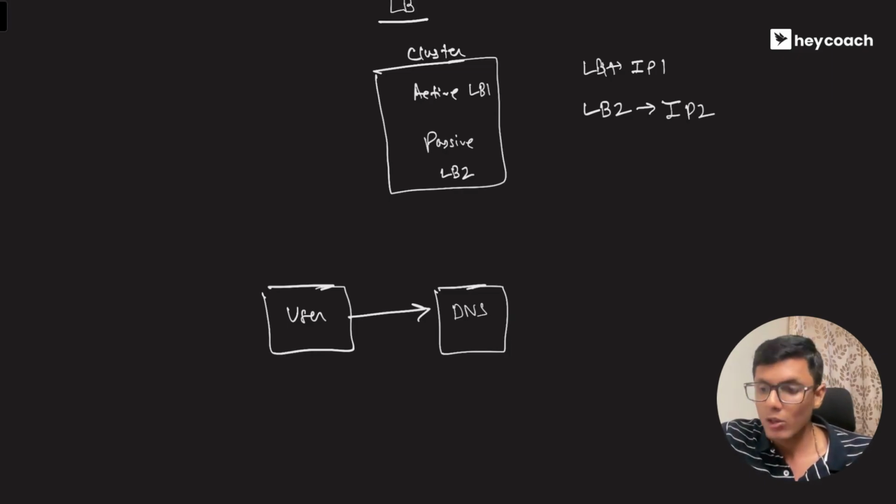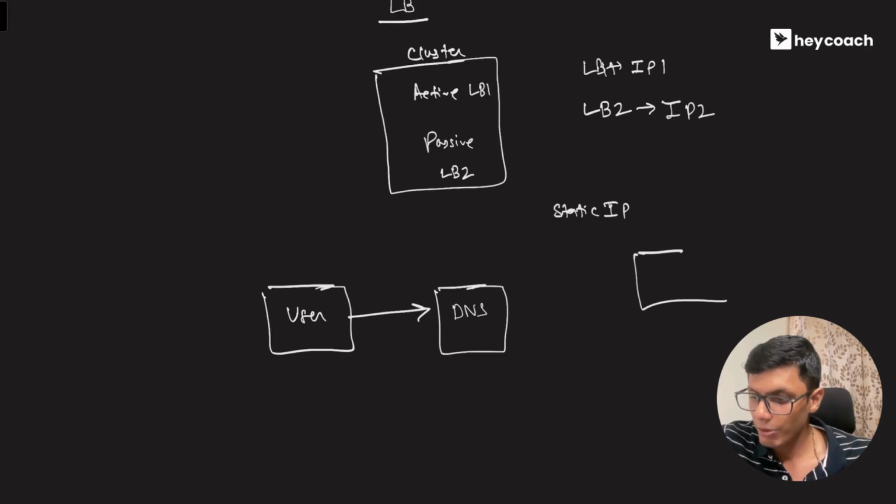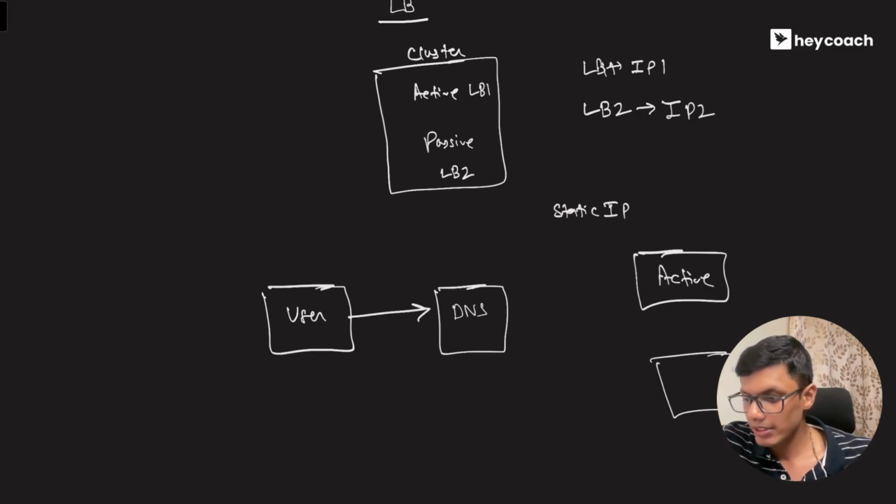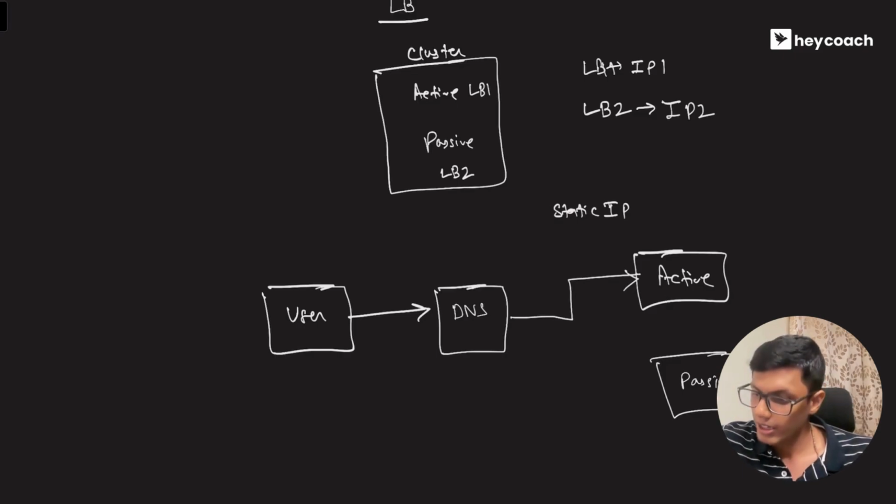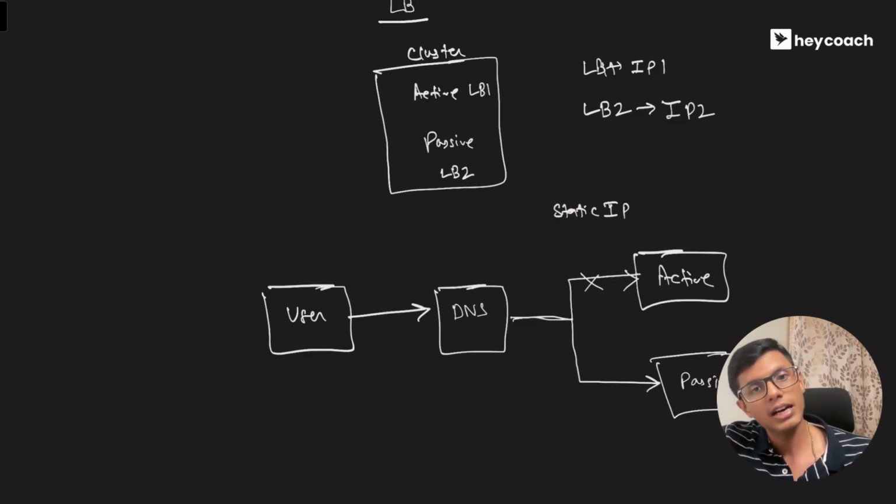So there is a concept of a static IP. You can think of it like this: if this is the active load balancer and this is the passive load balancer, and the active load balancer goes down, the IP address would still remain the same, and the passive load balancer would now be remapped to the static IP.